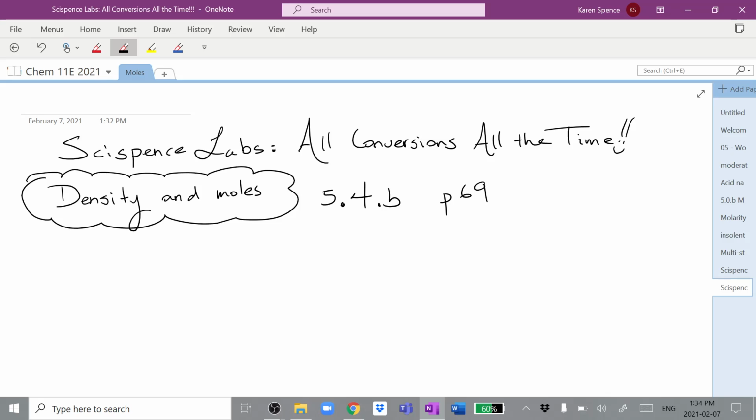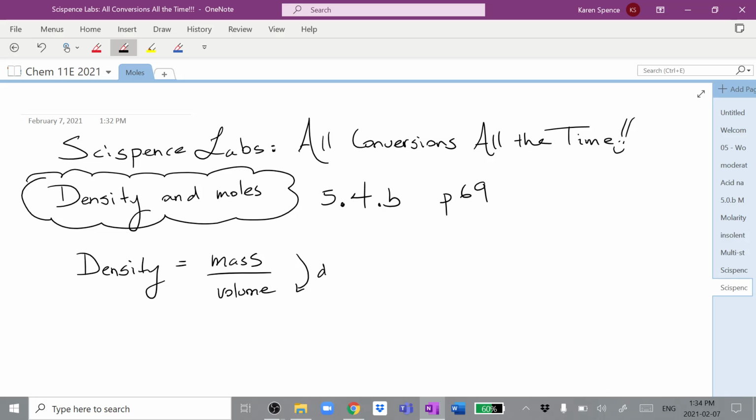All right. So, we are now going to be looking at density and moles because if you recall, density is equal to the mass over the volume. So if you need to find density, density is another division.